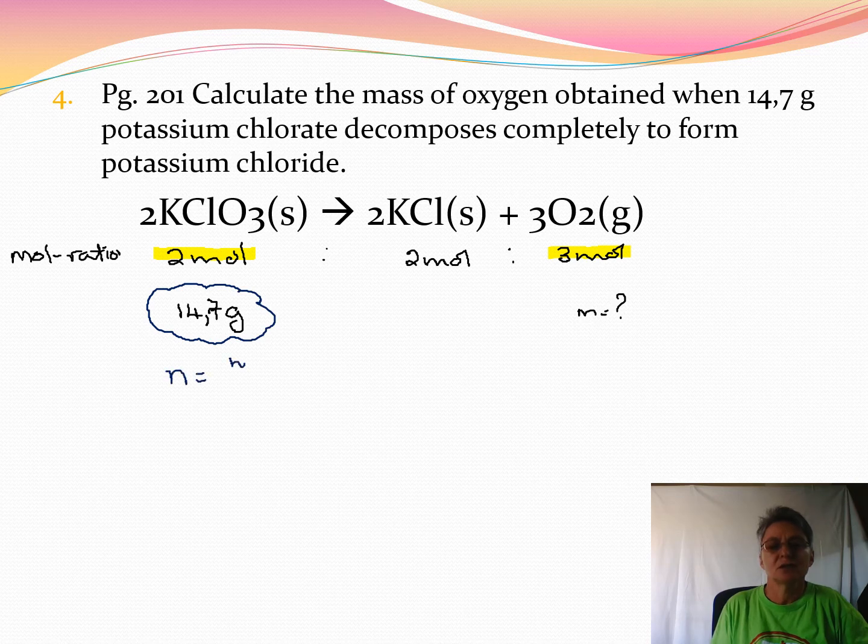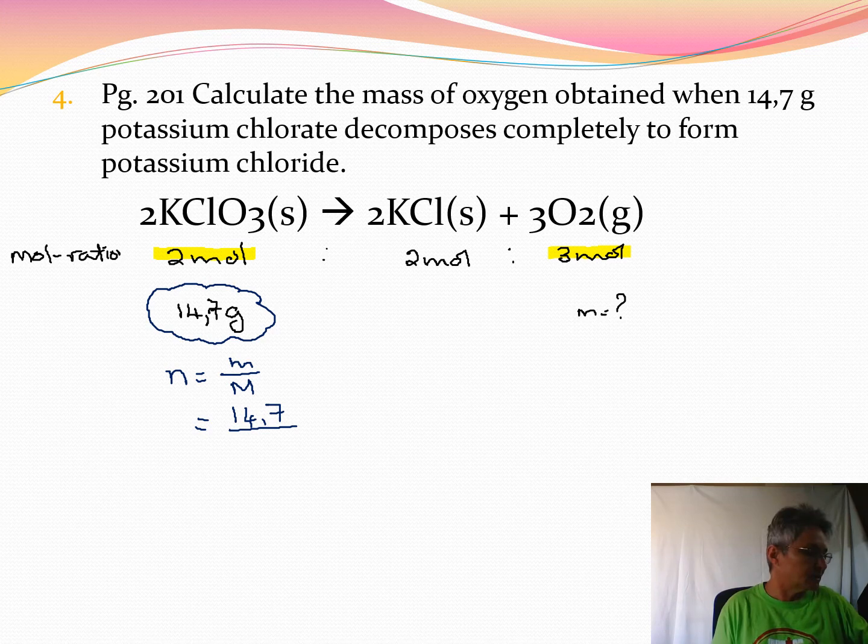Moles is mass over molar mass. So it is 14.7, and the molar mass of potassium chlorate is 122.5.